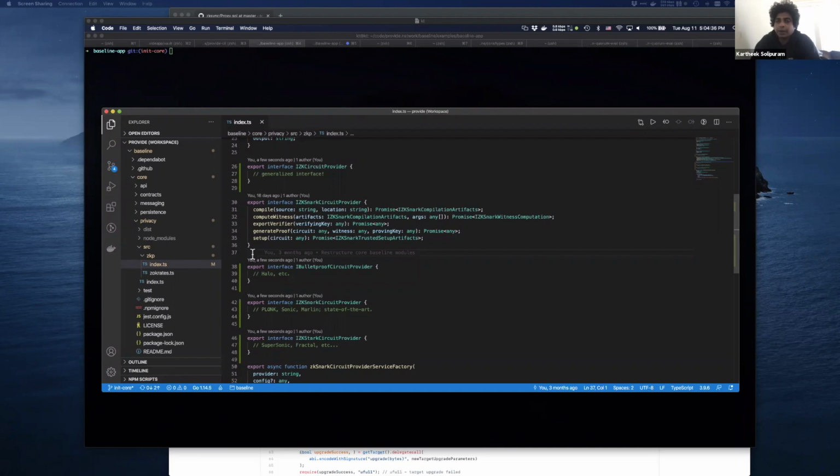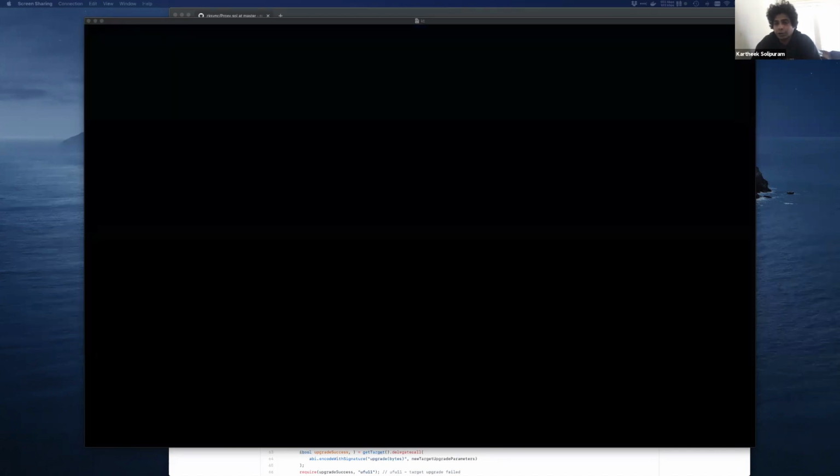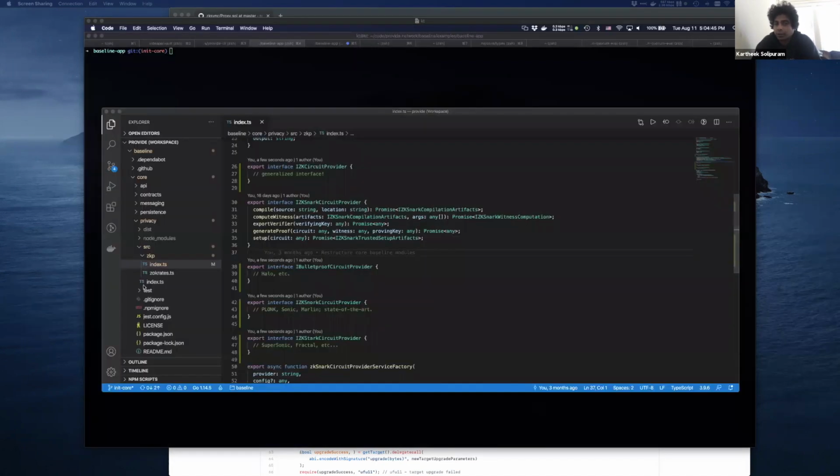You can roll them up into one verification, so that even if you have a composition of multiple proofs, that could work. But that would mean that all of them have to be homogeneous. Then we cannot switch between a ZK circuit here and a Plonk circuit there, unless there is an initiative, something we come up with in Baseline, to have some sort of proof composition method which will work.